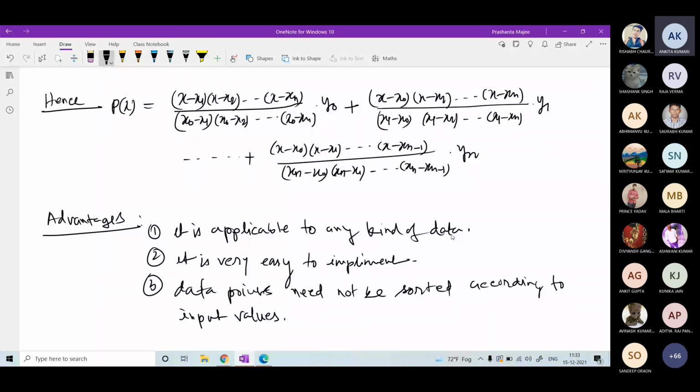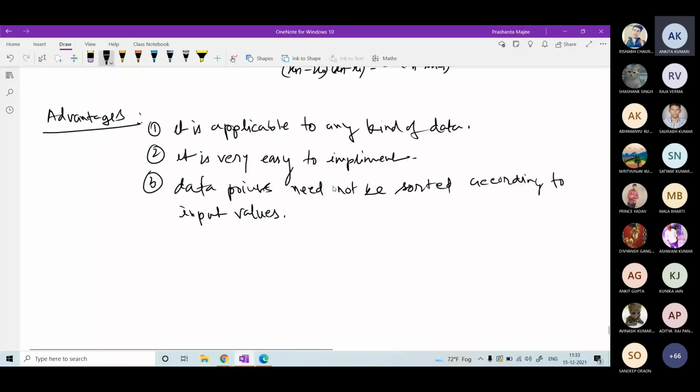Can you tell me any disadvantage of this method? Is it recursive in nature, this Lagrange interpolation?